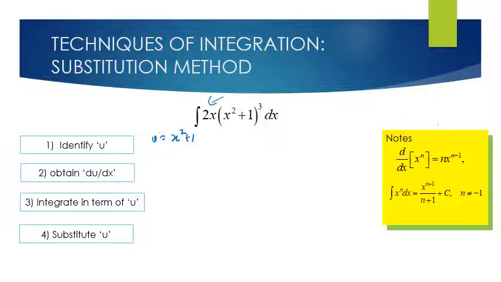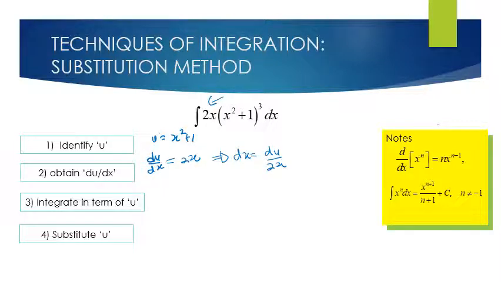Then from u, we find du over dx. Why do we have to find it? Because we want to substitute for dx. So du over dx is equal to 2x, and from here we get dx equal to du over 2x.